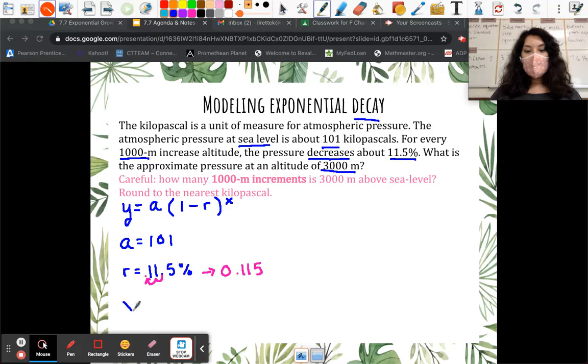We want to know what our increment difference is for x. However, you have to think about the problem a little bit more here. So just take a second and reread it. When we're at sea level, we're looking at that as if it's like an x value of 0, okay? So at sea level, our x value is 0.